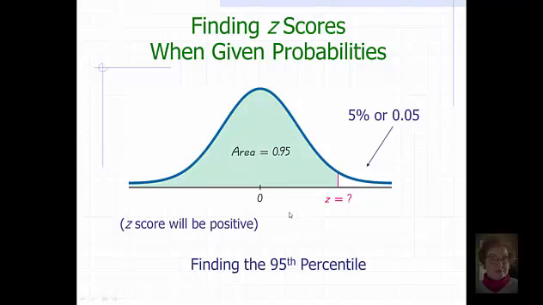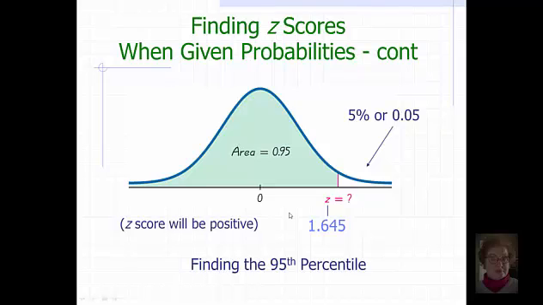So we're going to go to the table, search in the body of the table, and find the number that's as close to 0.95 as we can. And it is between 1.64 and 1.65, and so we find the mean between those two, so our z-score is 1.645.